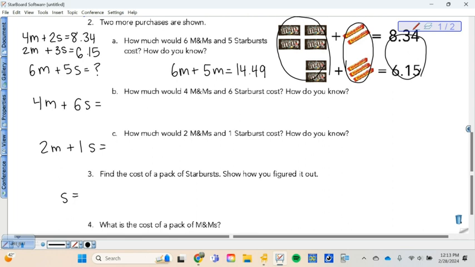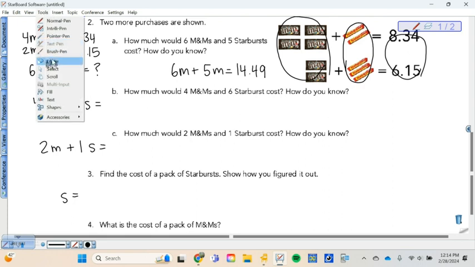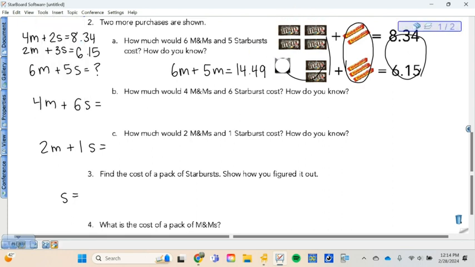How about part B? How much are 4 M&Ms and 6 Starbursts going to cost? I don't think I saw anybody with these answers yet. Could I use one of those original equations that I had up here and manipulate it in some way so that it's 4 M&Ms and 6 Starbursts?